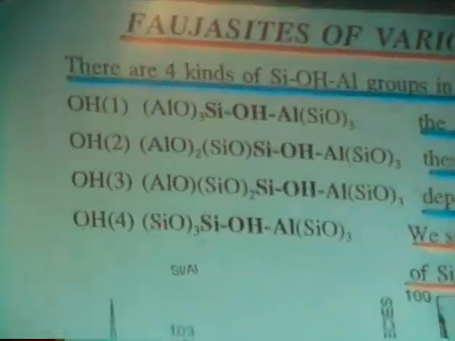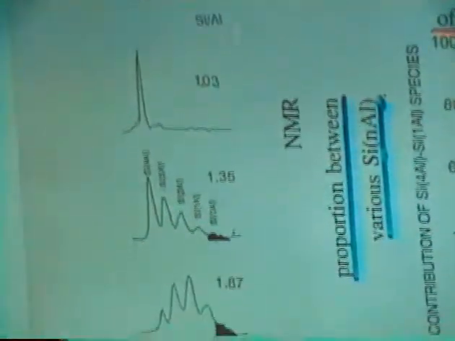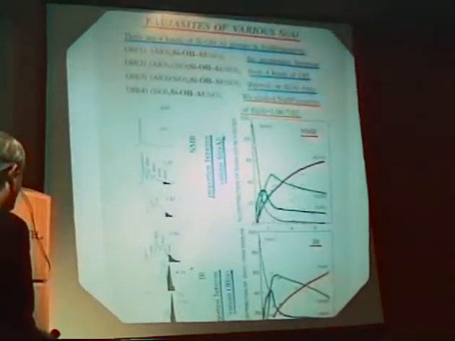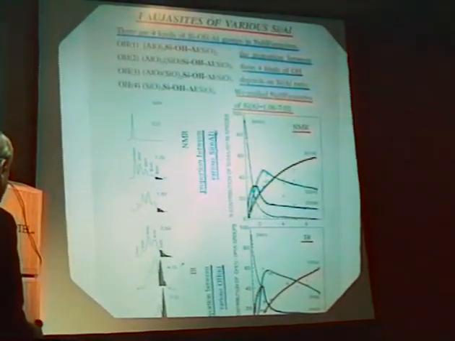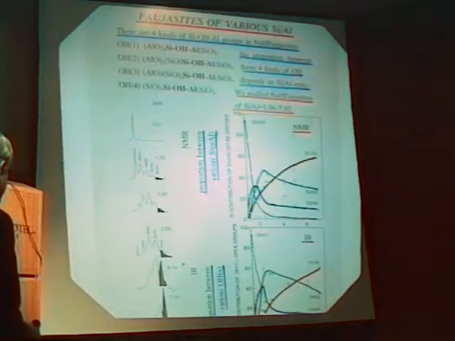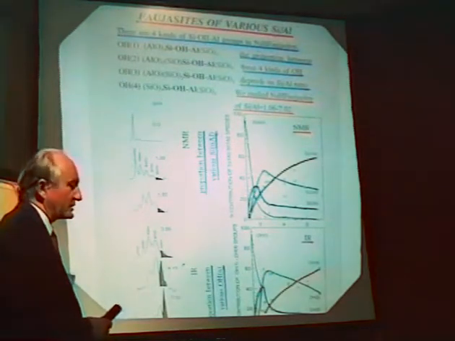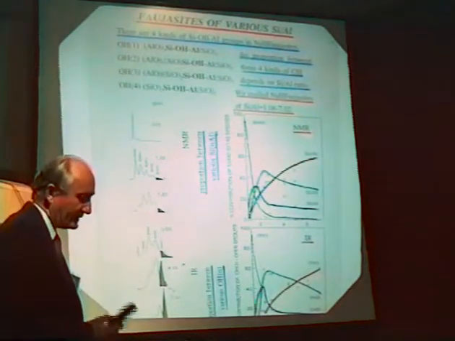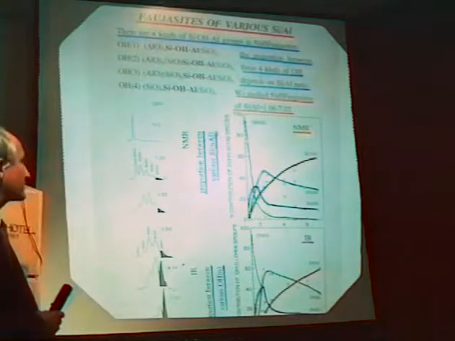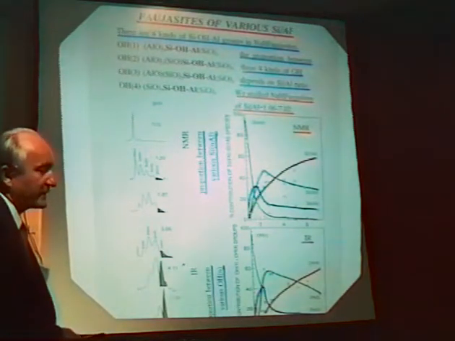According to NMR, we may have 5 kinds of Si species in zeolite, having 4Al, 3Al, 2, 1, and 0Al. And as only 4 of them can create bridging hydroxyls, we may have 4 kinds of bridging hydroxyls. And according to IR, such 4 kinds of bridging hydroxyls of various acid strengths have been found.